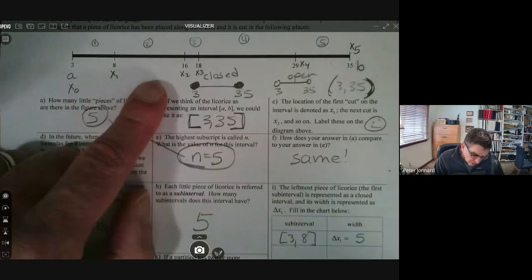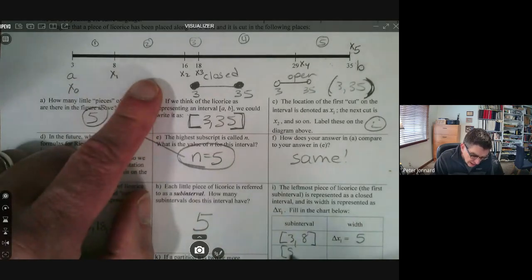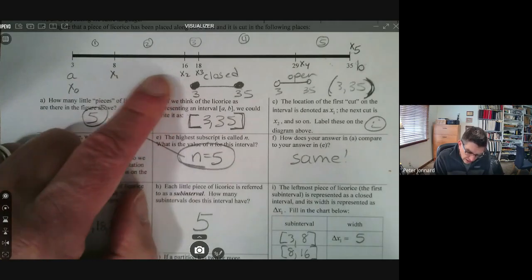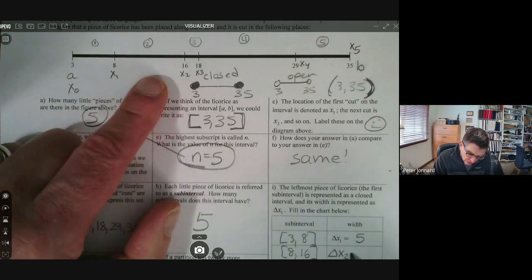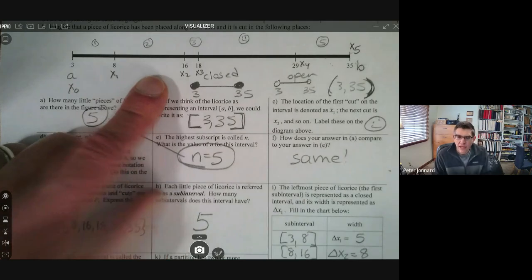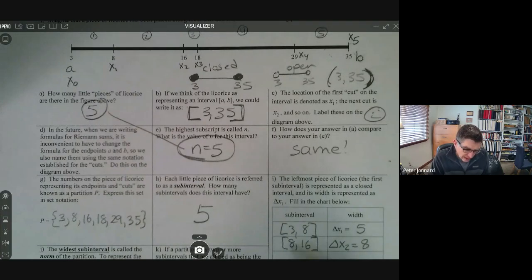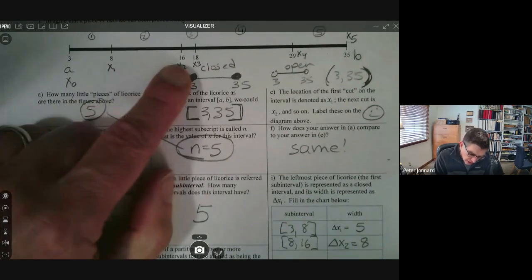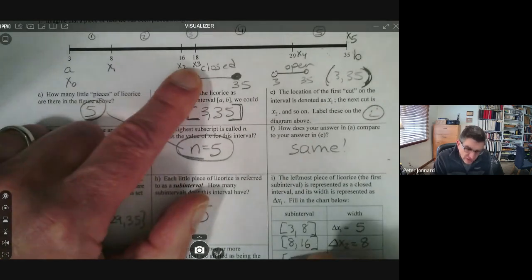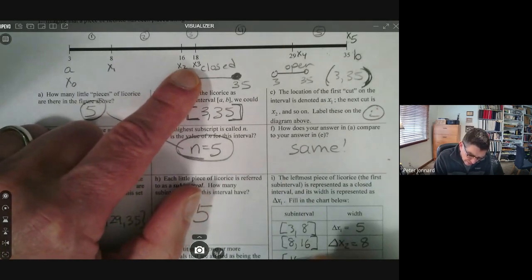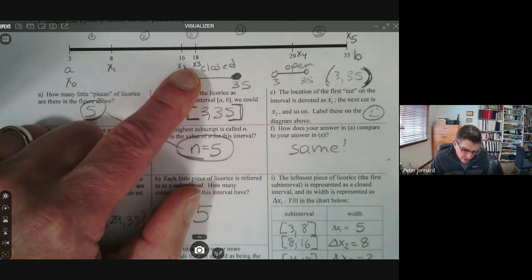Okay, the second subinterval goes from 8 to 16, and its width would be delta x sub 2, which would be 16 minus 8, or 8. Okay, and there's no reason to get concerned that 8 is included in the first subinterval and the second subinterval. That is not something to really worry about. Okay, the next subinterval goes from 16 to 18. And so delta x sub 3 is equal to 2.